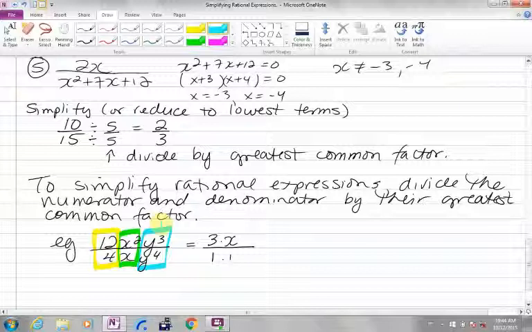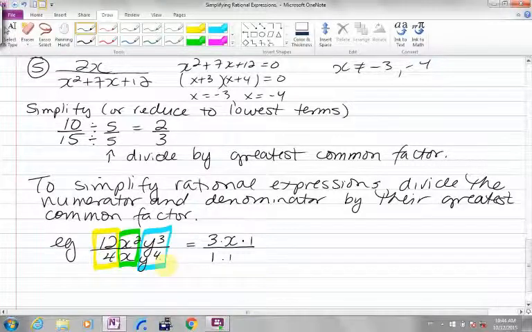And then y cubed divided by y to the 4th. How does that reduce down? What are we going to divide out of top and bottom? What's the biggest common factor of y cubed and y to the 4th? Y cubed. So y cubed divided by y cubed on the top will leave us with 1. And y to the 4th divided by y cubed will leave us with y.